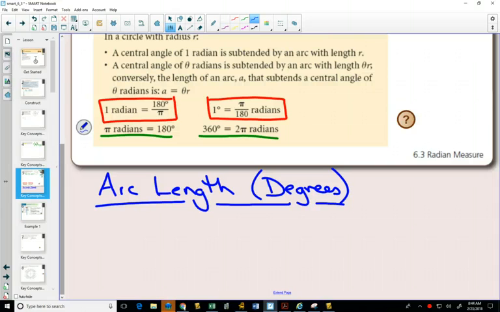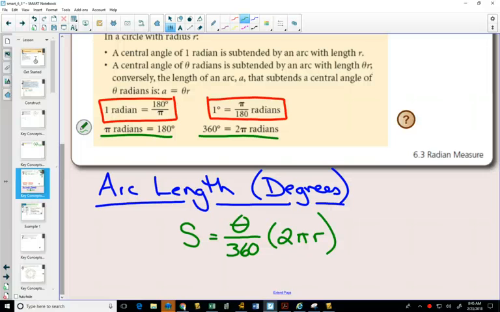That formula that we developed, again, we're going to look at it same as our formula sheet. The textbook uses a little a. Your formula sheet uses an S for arc length. And we figured out that all arc length was a percentage. Theta out of 360 will give you a percentage of the whole circumference.